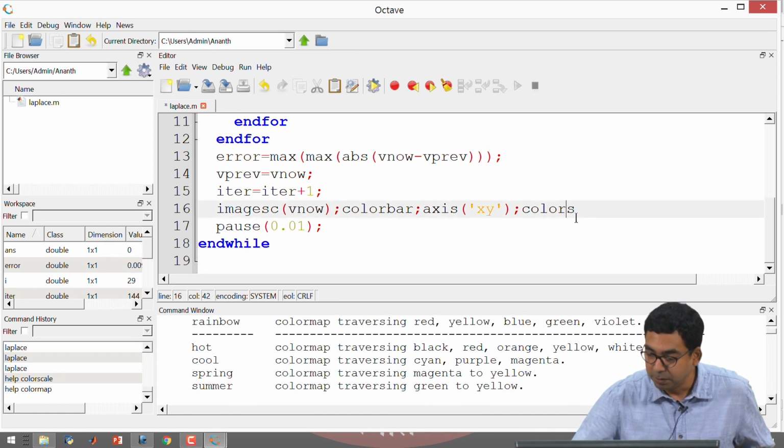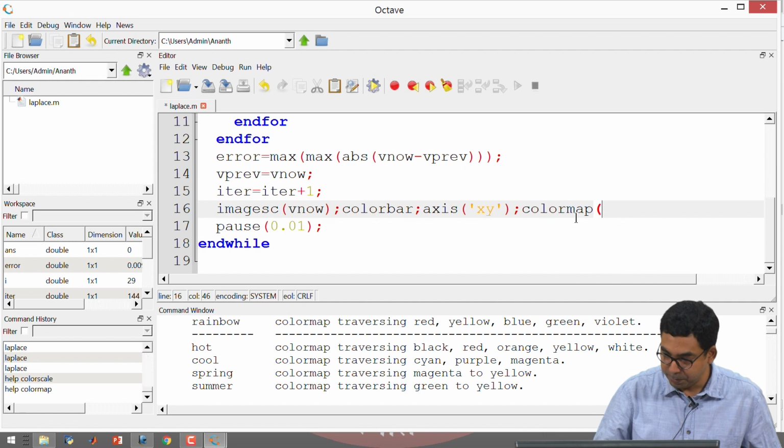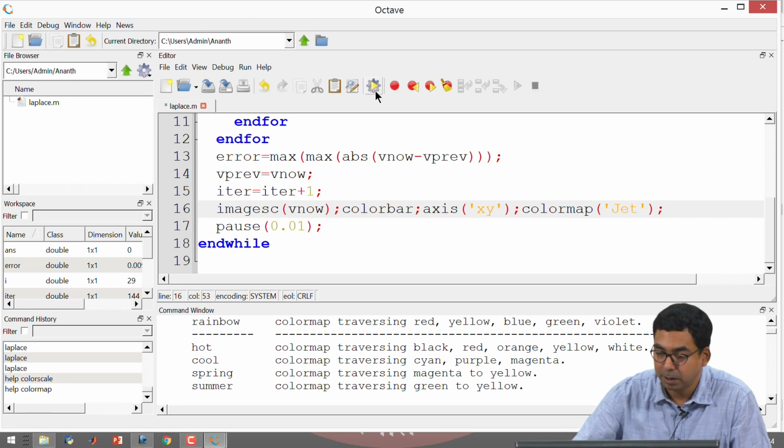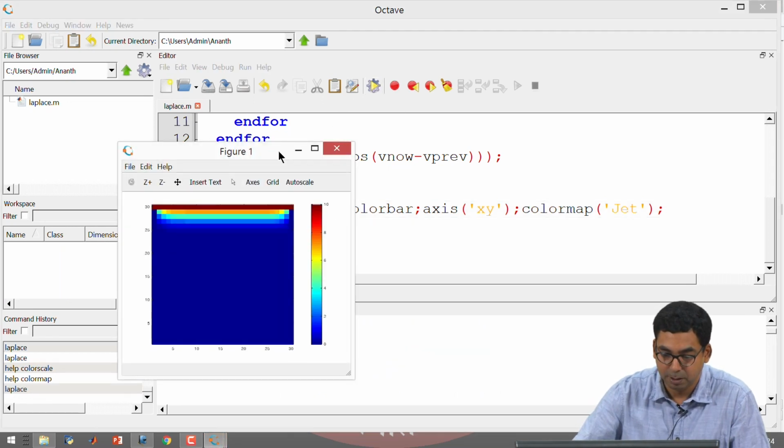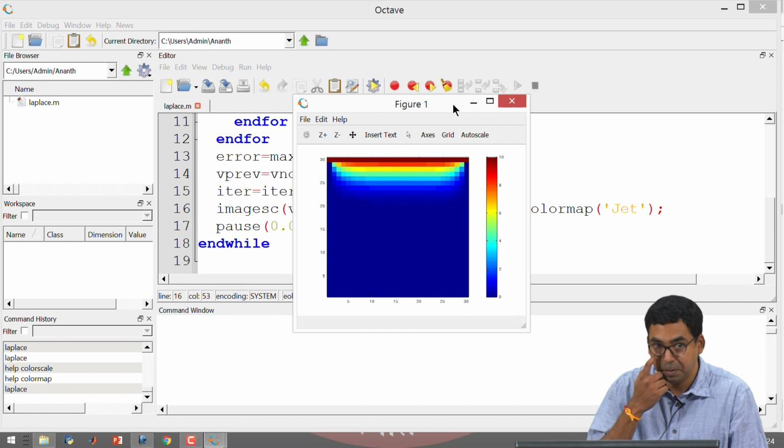I am just going to change this color map to jet. Okay, a little better.